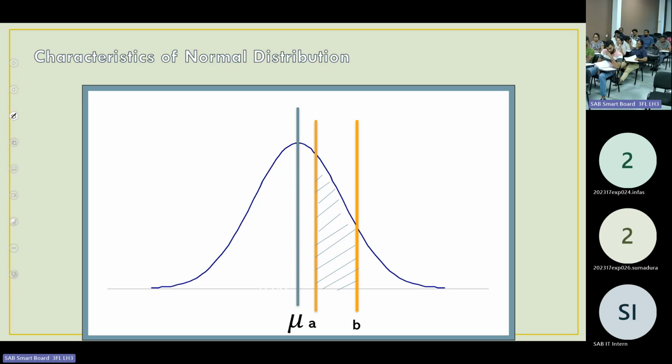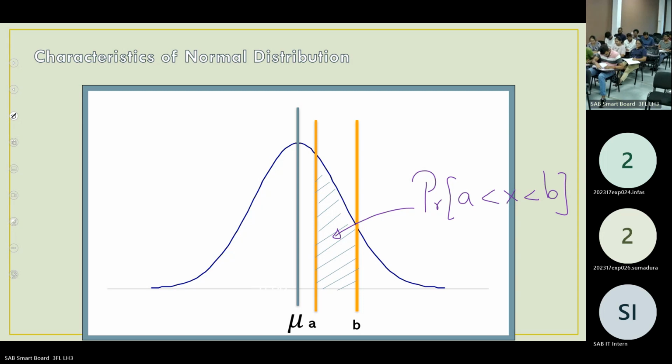This highlighted region represents the probability A less than X less than B. Small value first, then X, then B. If you want to find the normal probability, you find the corresponding area. That's all you do, because the area is equivalent to the probability.